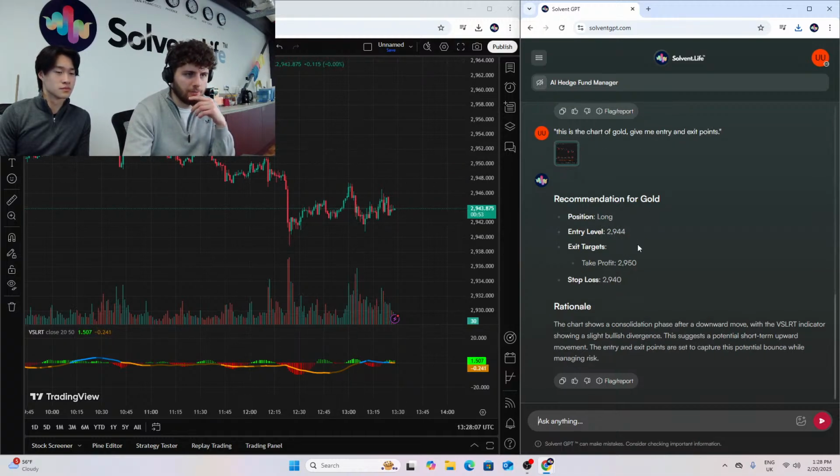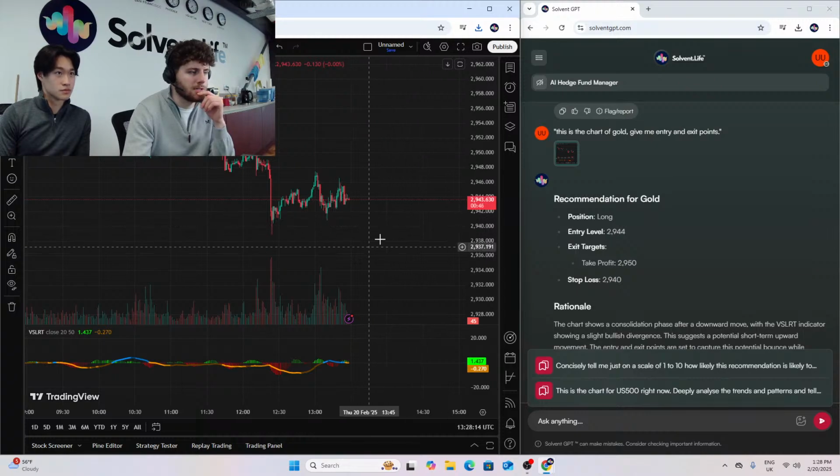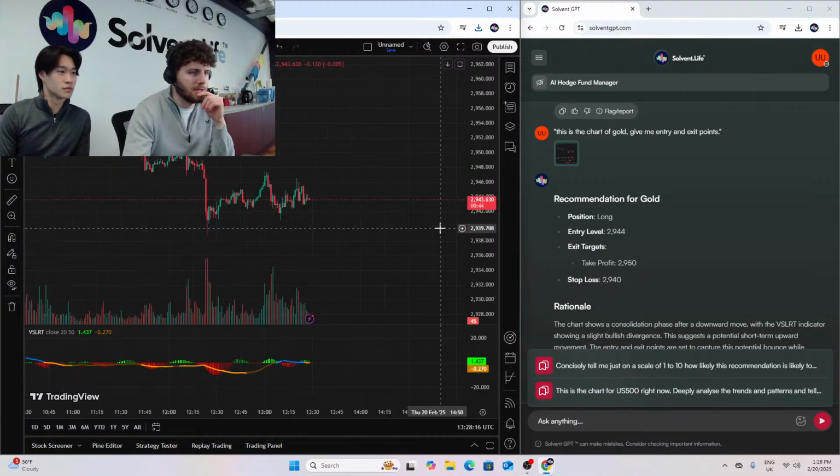Entry level 2944, exit target 2950. And we have a stop loss of 2940. Fantastic. I'd say that's a reasonable trade, targeting a previous area of liquidity. Very plausible and a very safe stop loss.